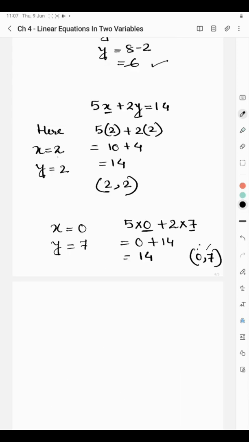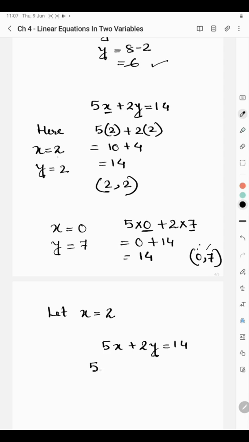Now suppose only the value of x is given. Say let x equal 2. Now what will be the value of y? Our equation is 5x plus 2y is equal to 14.